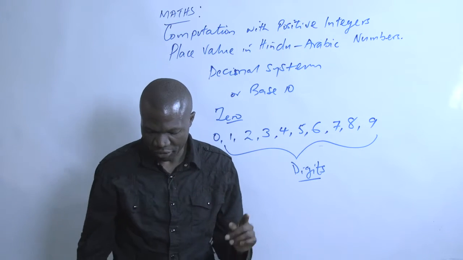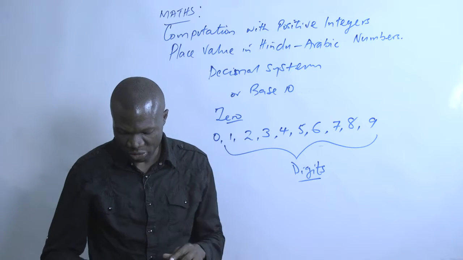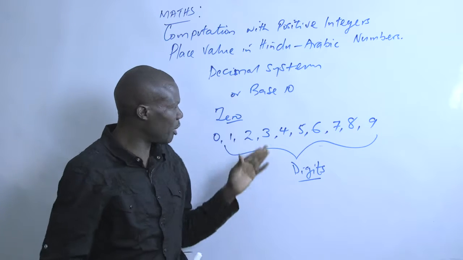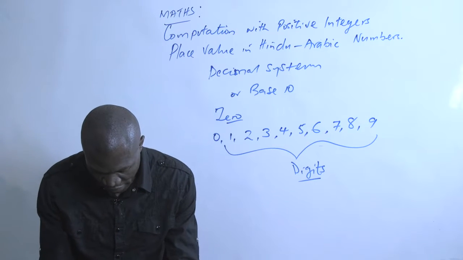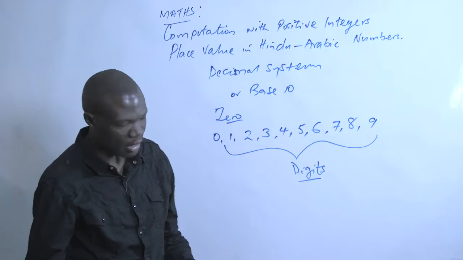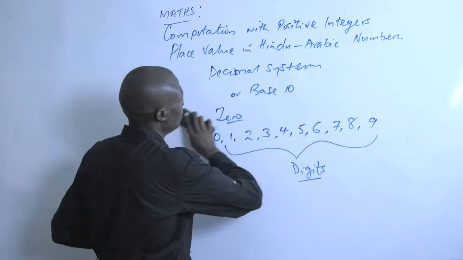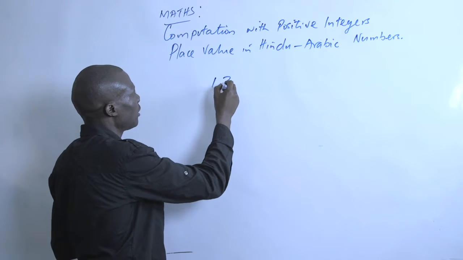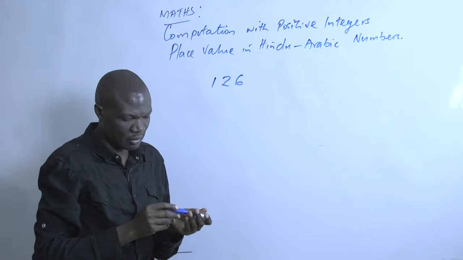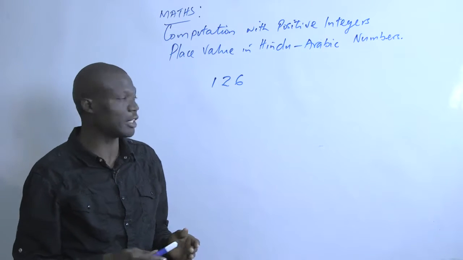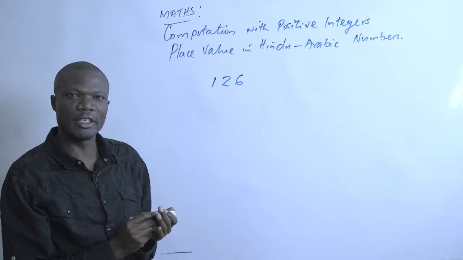The value of each digit will depend on the position where we have placed the digit. Take, for example, 126. There are 3 digits.